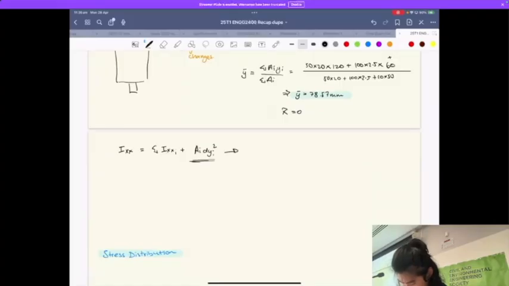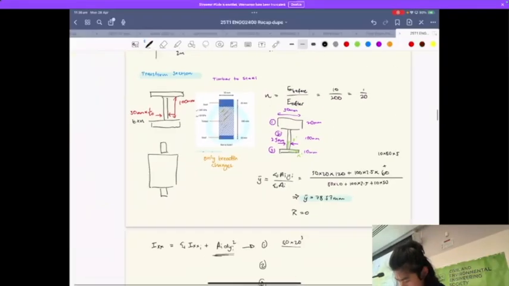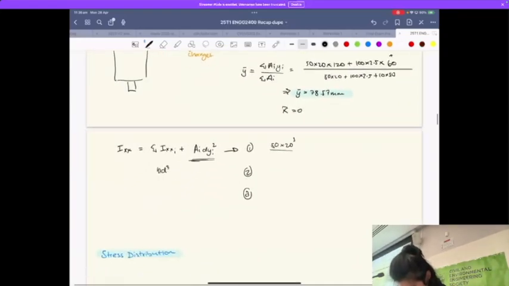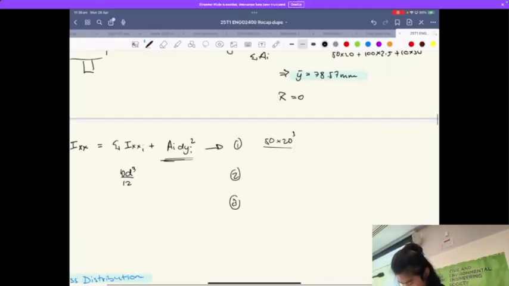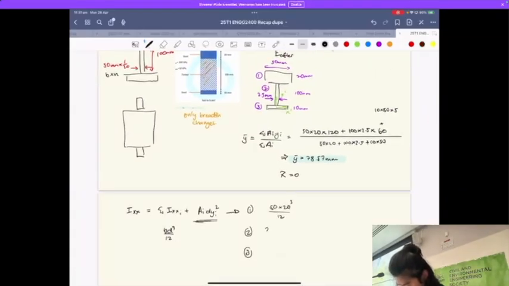Now for shape 1, shape 2, shape 3, you should get 50 times 20 cubed, so it's BD cubed on 12. This one will be 2.5 times 100 cubed on 12. This one will be 50 times 10 cubed on 12.